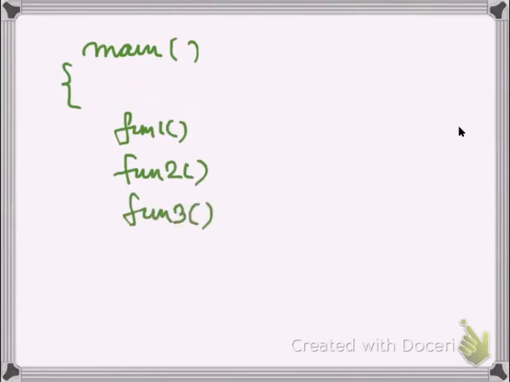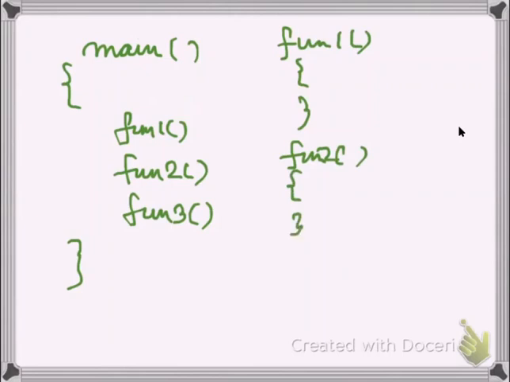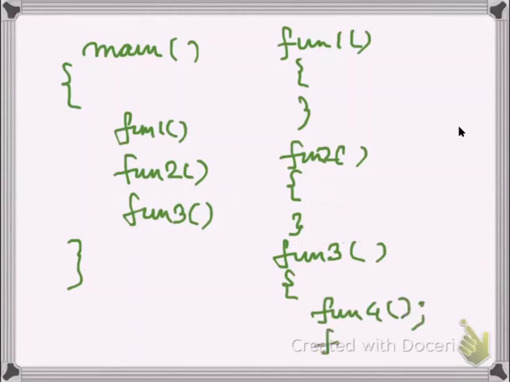Then somewhere else you have code for function 1, you have code for function 2, and so on. Similarly, you have code for function 3. In turn, function 3 is calling function 4 and 5.